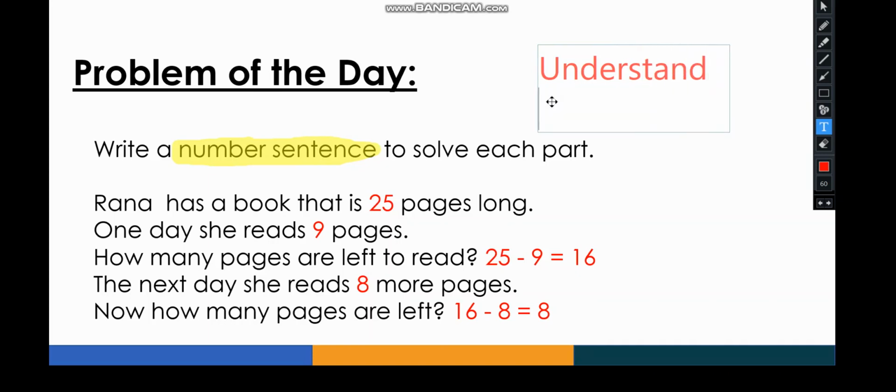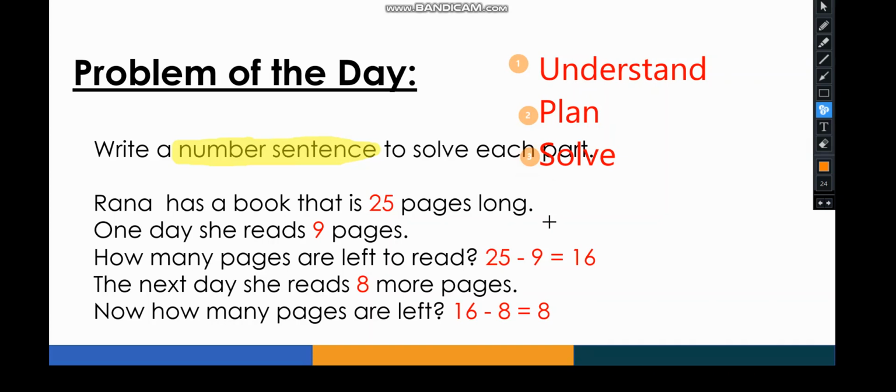What is number 2? Plan. What is number 3? Solve. Okay, so this is the 3 steps I must use when I have to answer or write a number sentence. Number 1 is understand. Number 2, plan. Number 3 is solve.